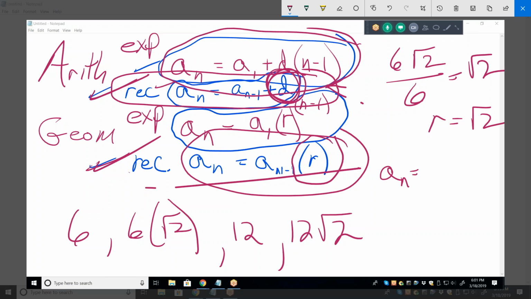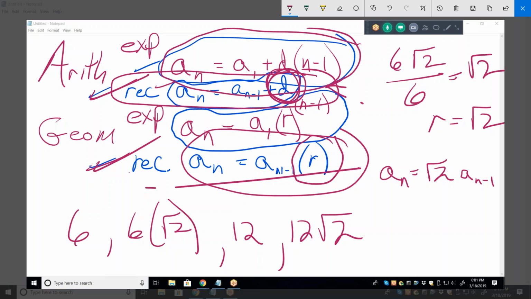It is square root of 2 times a sub n minus 1. Remember, the recursive definition, regardless of whether it's arithmetic or geometric, always is going to have an a sub n minus 1 in it. In other words, the recursive definition is always based on the previous term.